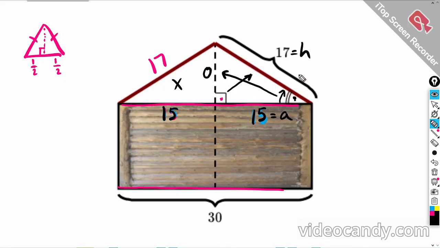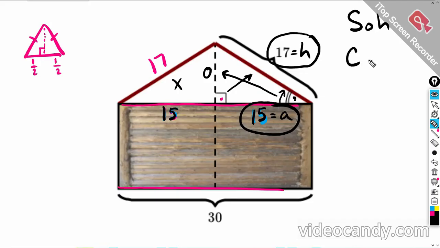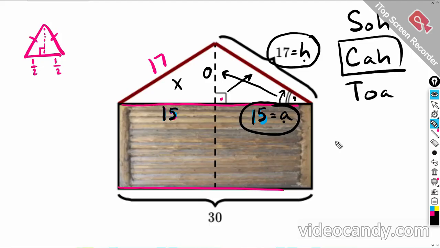Here is the angle. We have the hypotenuse, we have the adjacent. So let's see if we recall SOH CAH TOA. Which one uses adjacent and hypotenuse? Well, that's this right here. So clearly we are using the cosine function.